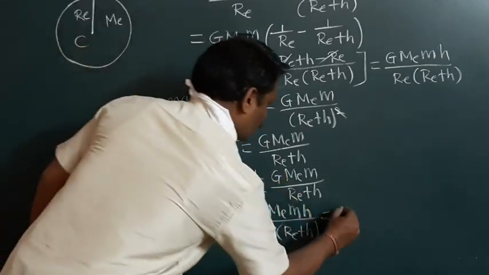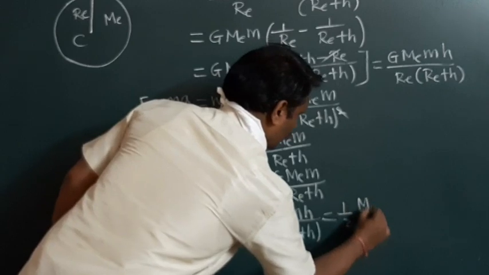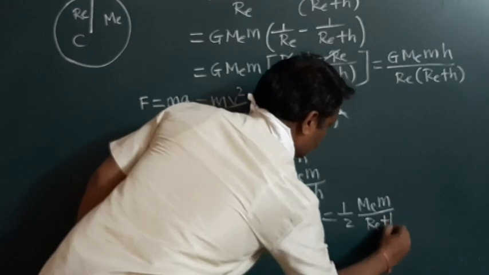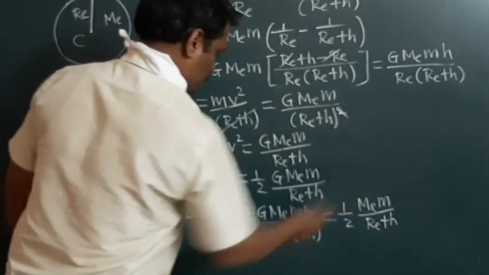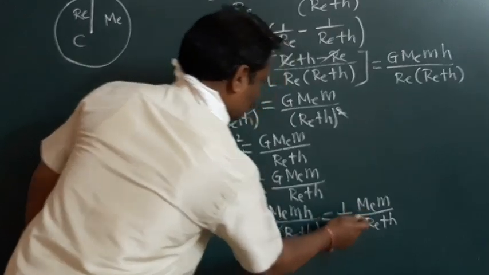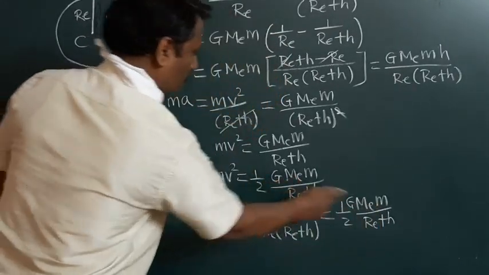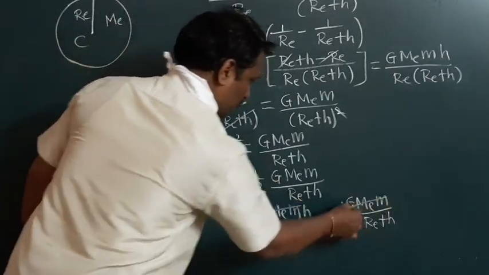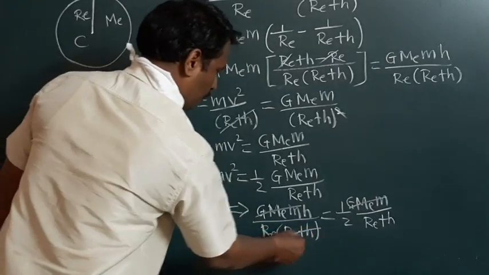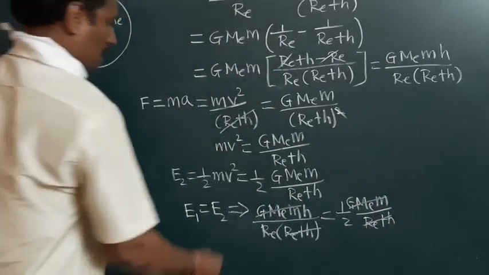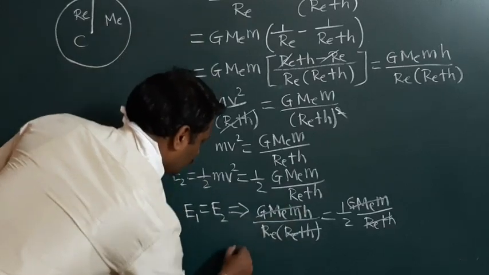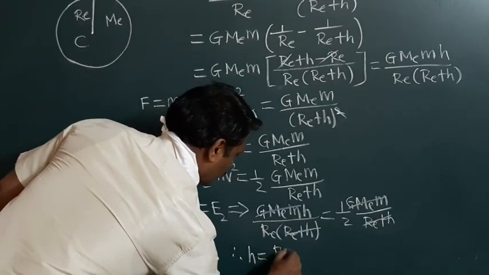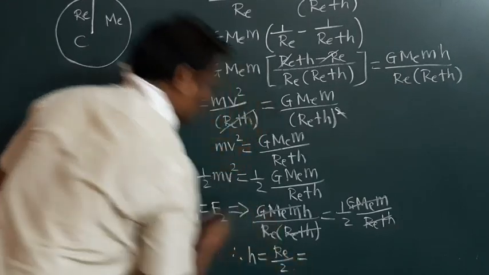E2 is 1 by 2 G MEM divided by RE plus H. Now here G MEM and G MEM get cancelled. Then RE plus H and RE plus H get cancelled. Therefore we get H is equal to RE by 2. Here RE is the radius of the earth.